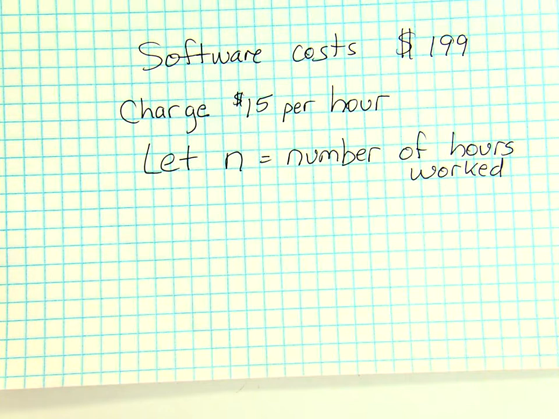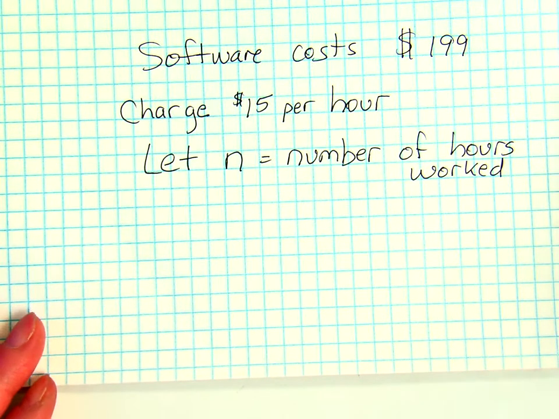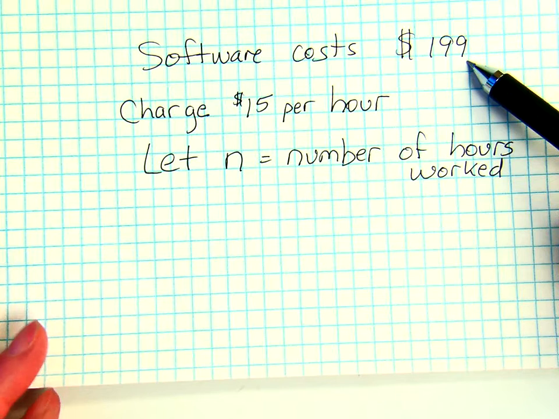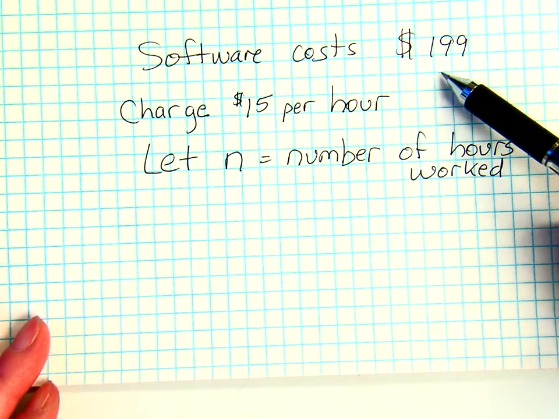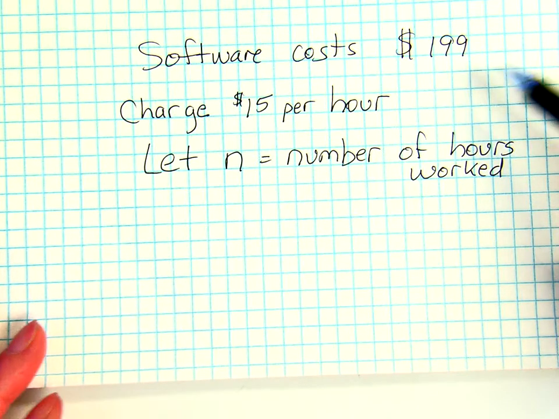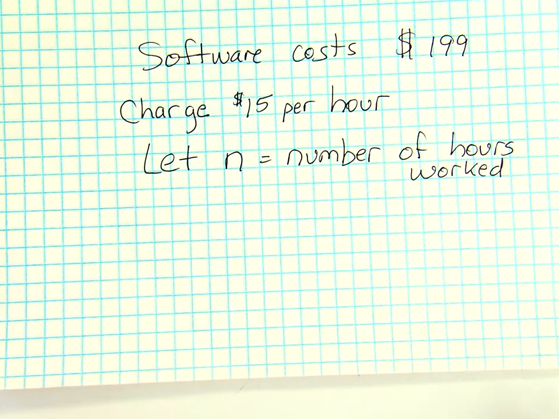Well, first we have to understand what our profit is. So let's say we only work 1 hour, okay? Our software cost $199. So we're not going to make any profit at $15 per hour because we've got to make up that money first, okay? So we've got to work enough hours to cover $199. Otherwise, we're not making a profit.